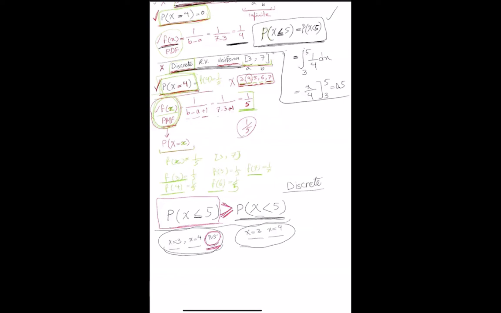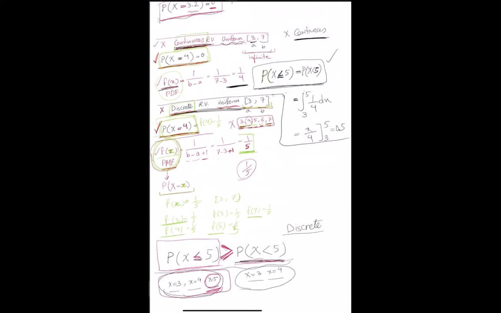So probability of x less than or equal to 5 has all these three values, and it is always greater than or equal to this other probability. Okay, so make sure to pay attention to this part.